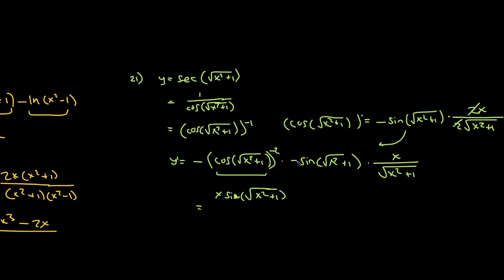That's just that x and this sine. Also, negative and negative just becomes positive. And then I will copy this cosine to be -2, that's 1 divided by cosine squared. And then I still have to do this root in the denominator, square root of x squared plus 1. And that's the final answer.